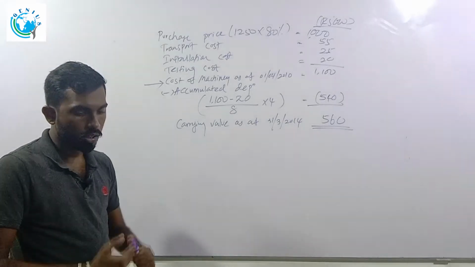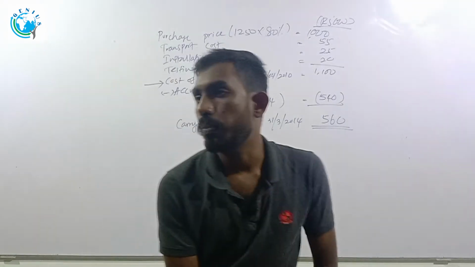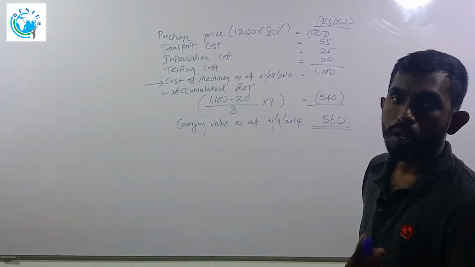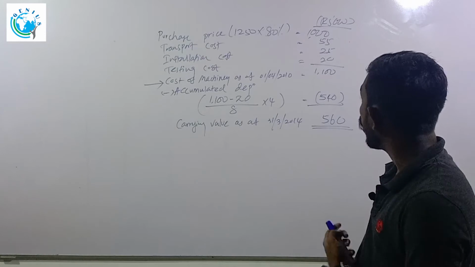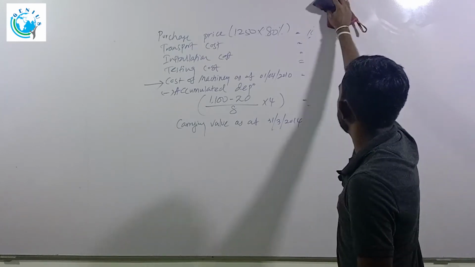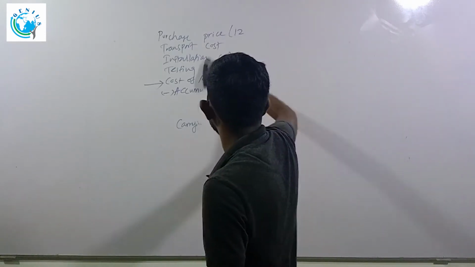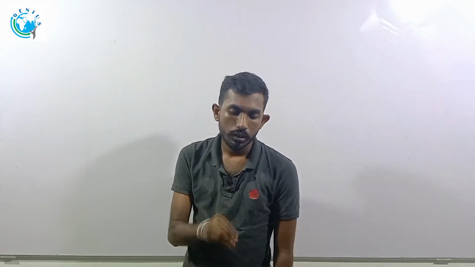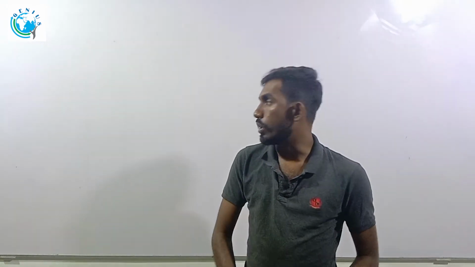Then let's move on to the next part of the discussion, which is regarding the modifications and upgrades of PPE. In this question you have part B regarding that, but before we move into the question, let's discuss this process.